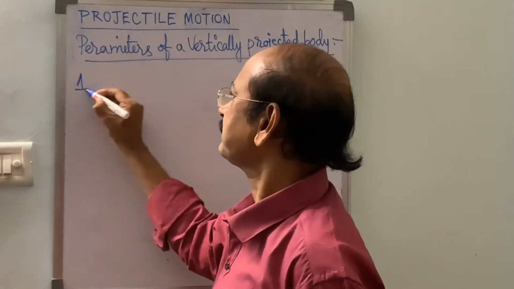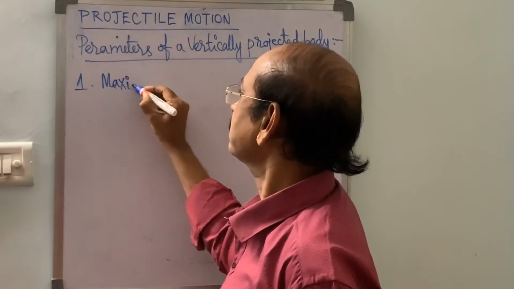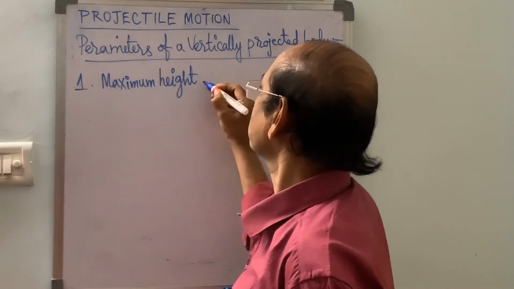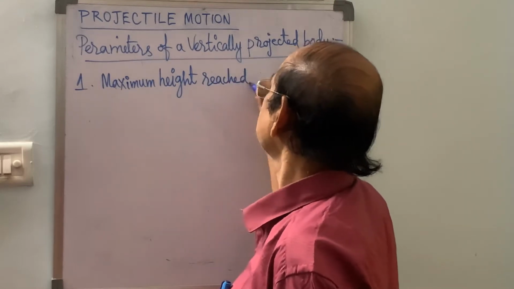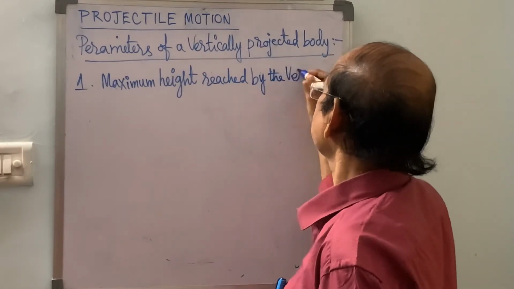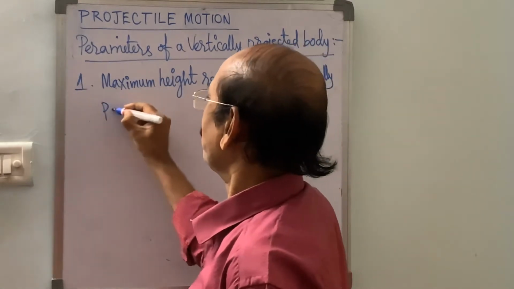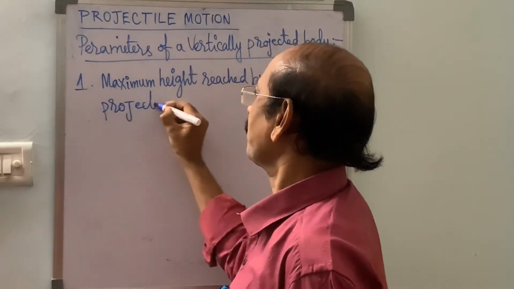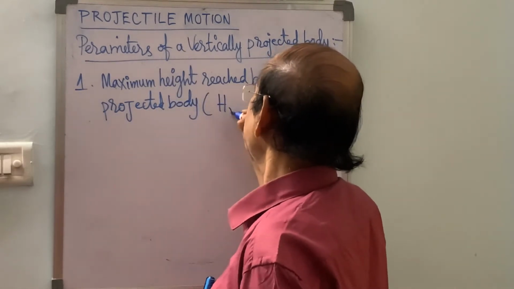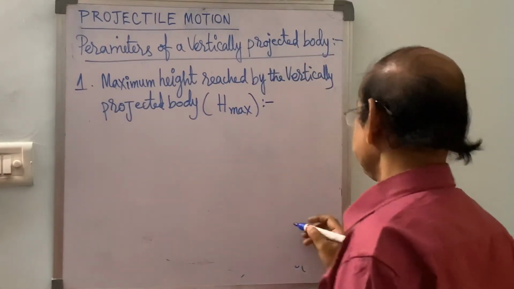First one, let us calculate the maximum height reached by the vertically projected body, denoted by H maximum.